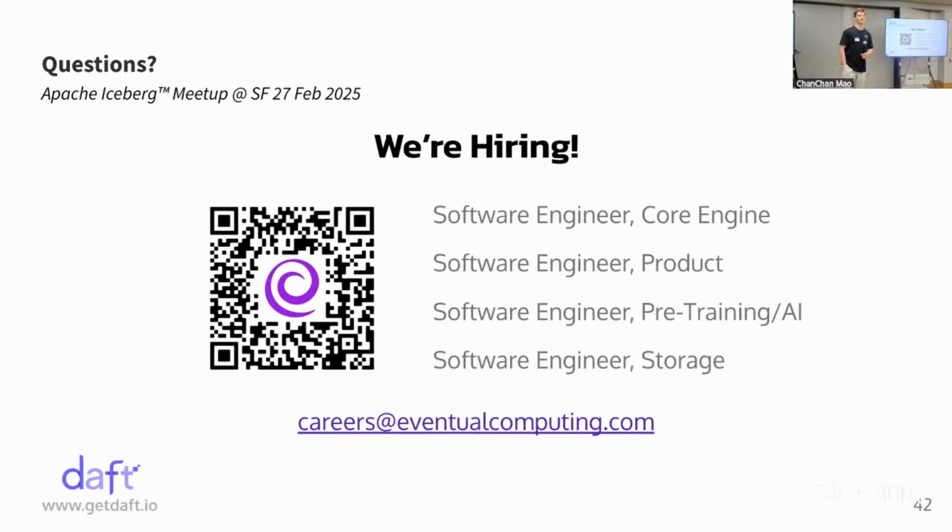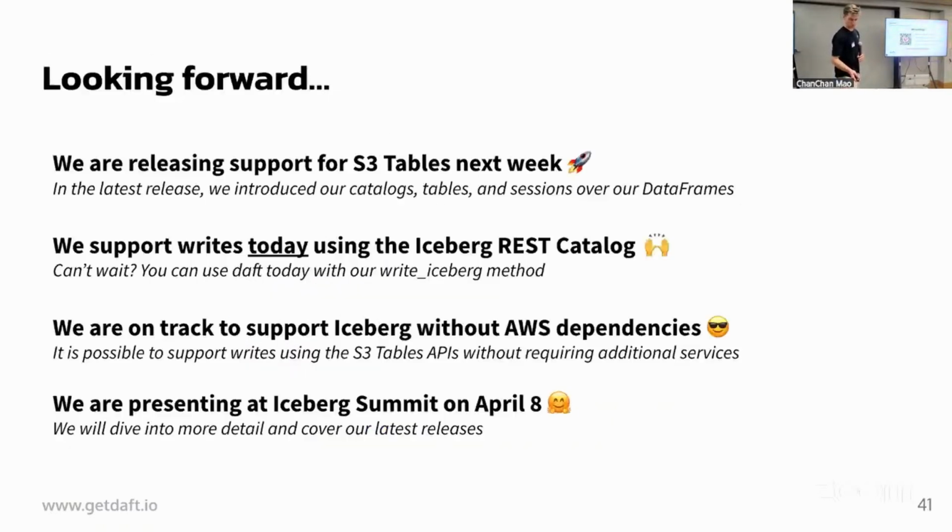Thanks for a great talk. Can you actually go one slide back? This one? Yes. So, supporting Iceberg without AWS dependencies. I'm a little bit curious about that one. What's going to be the catalog then? Yes.